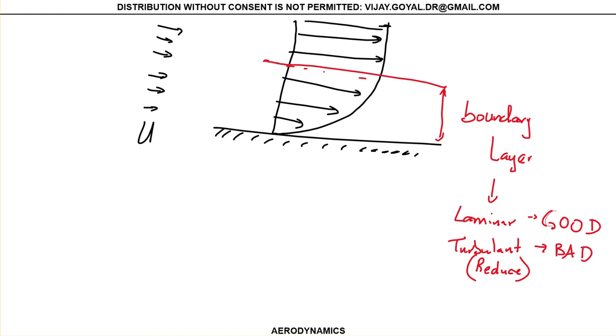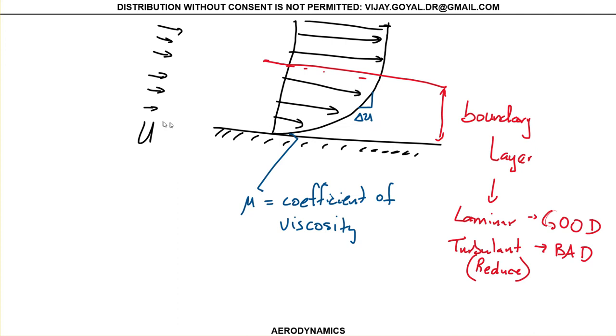Between the surface and the fluid, there is mu, and we call that mu the coefficient of viscosity. The way we find that is, you can see this is coming here, so this will be my delta U, my velocity.